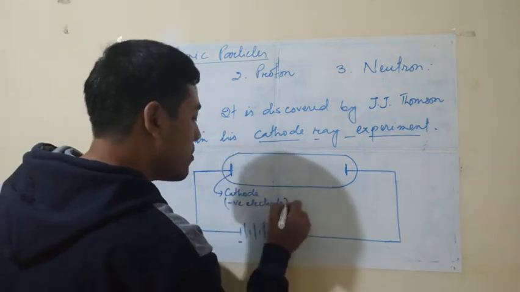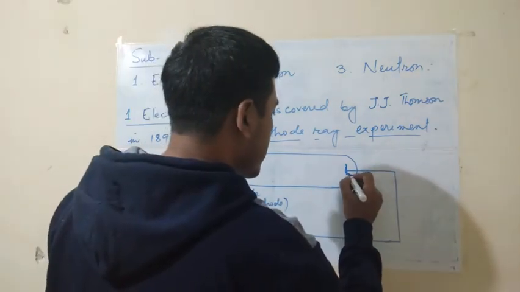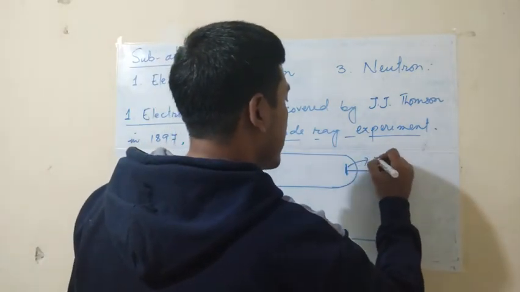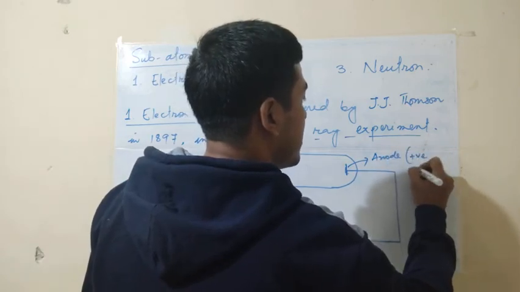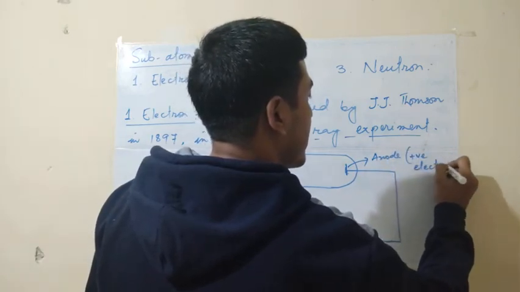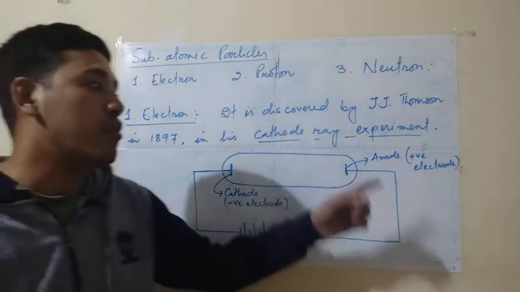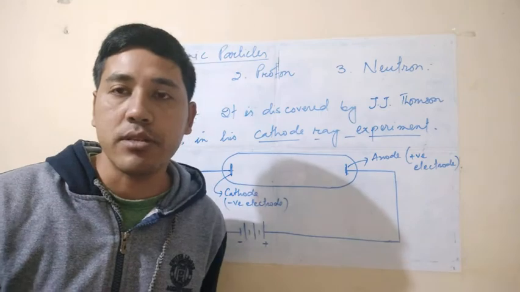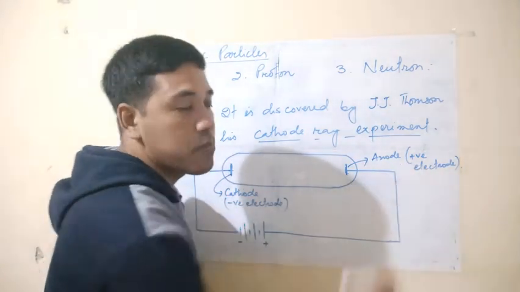This is known as the anode, the positive electrode. Cathode means negative electrode, and anode means positive electrode.